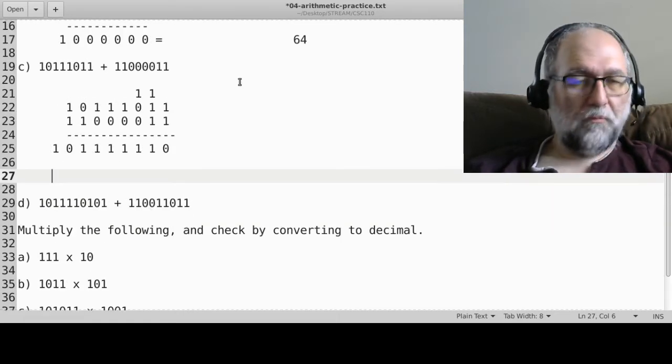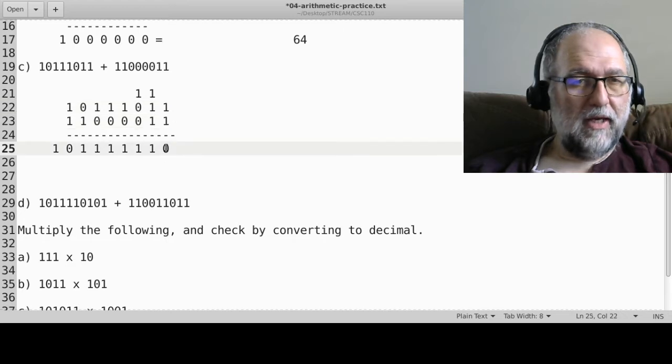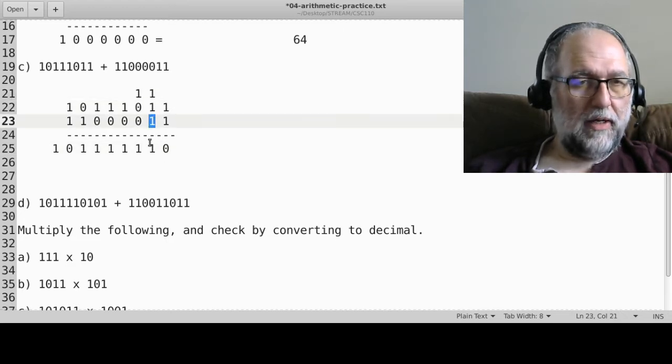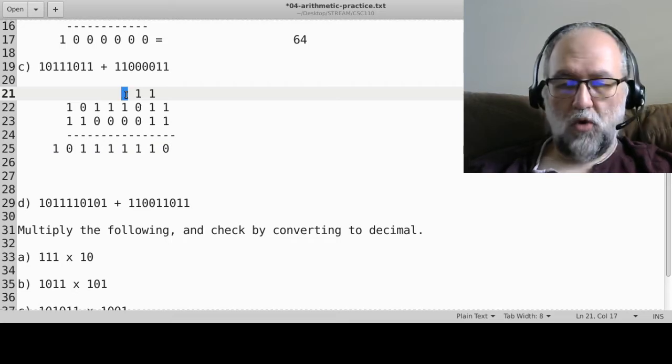All right, so let me go through that one again. You start off in the ones column, so 1 plus 1 is 0, carry 1. 1 plus 1 plus 1 is 1, carry 1. 1 plus 0 is just plain old 1 with no carry. And you can put in no carry if you like.